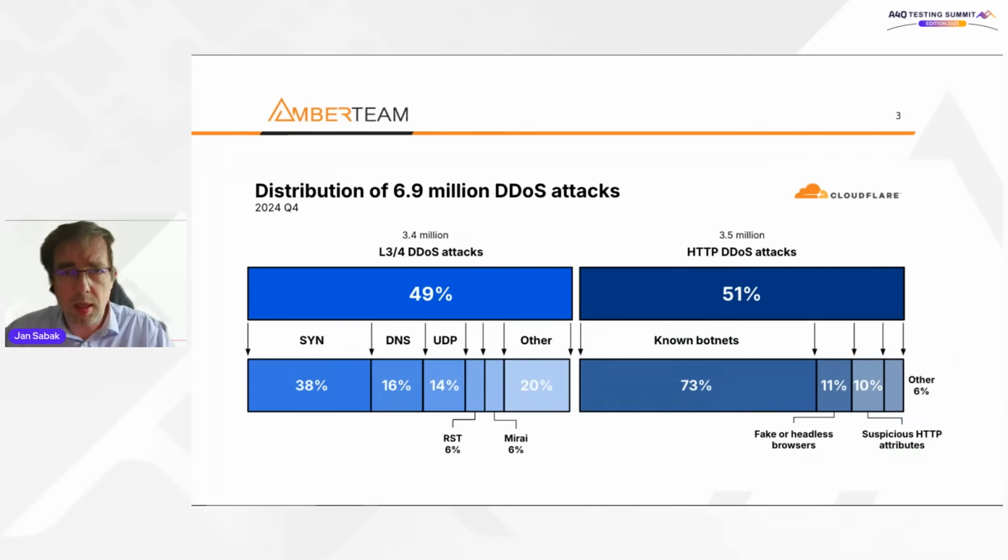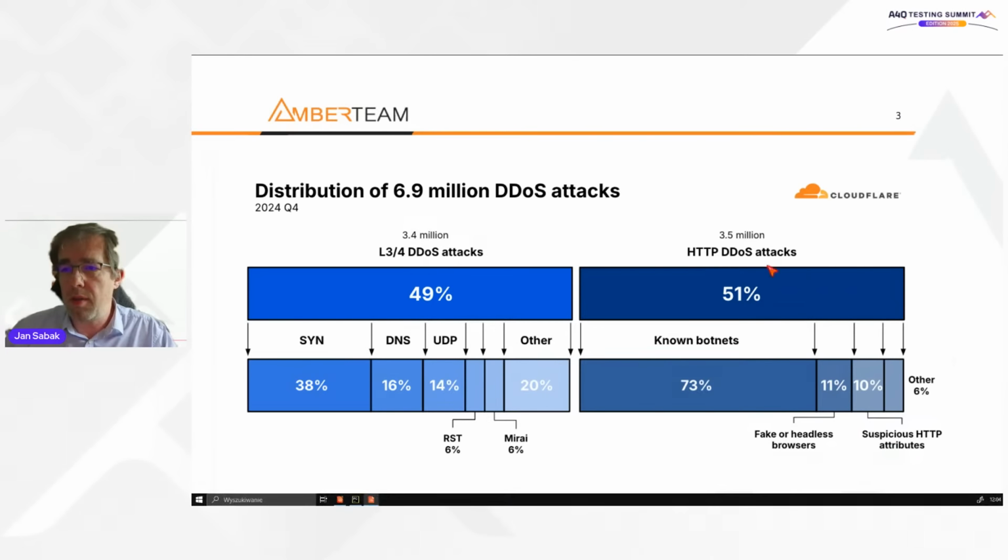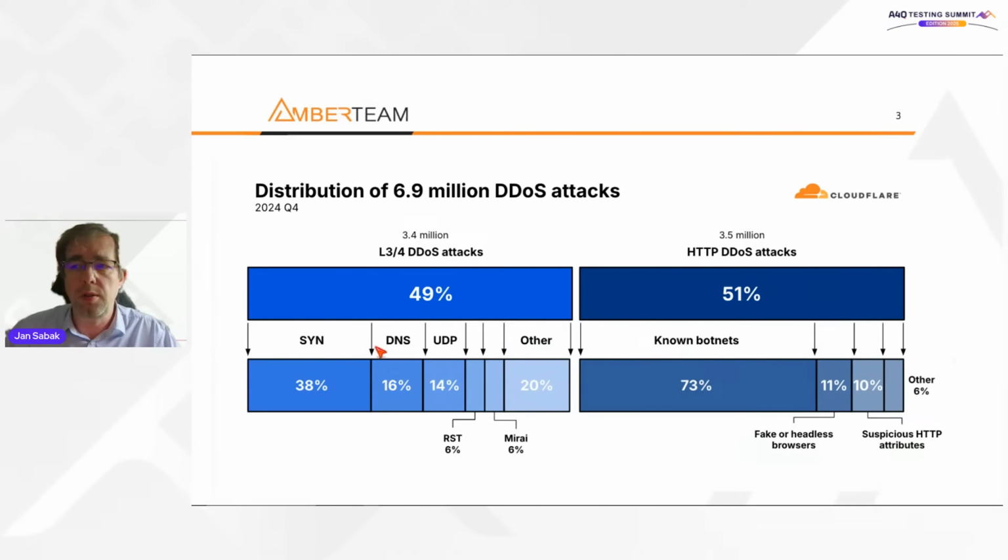From a more technical perspective, almost half of these attacks are on layer 3 and layer 4. So these are SYN, UDP or TCP attacks, DNS attacks, which are, I think, TCP and UDP attacks. So half of them are UDP and TCP attacks, and the other half are HTTP attacks.